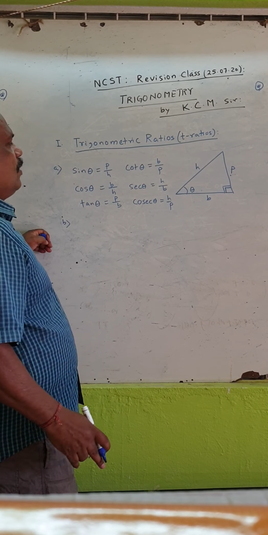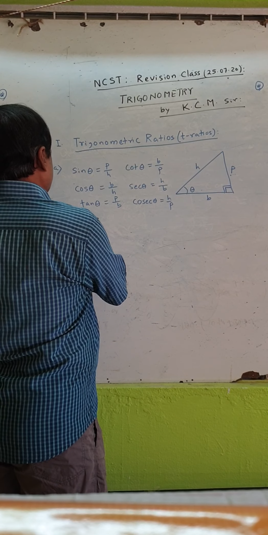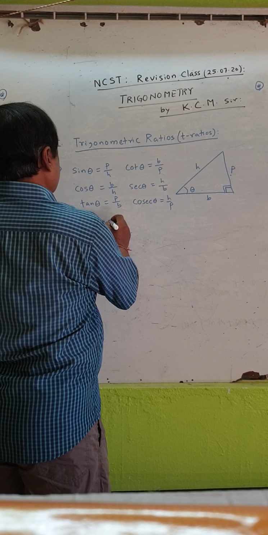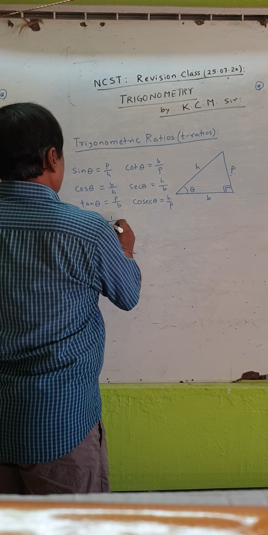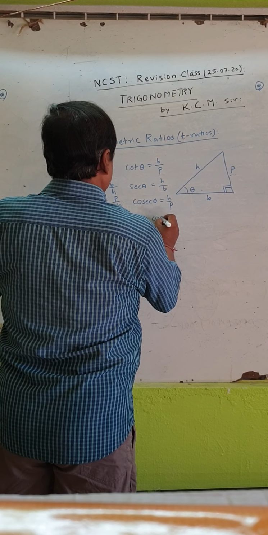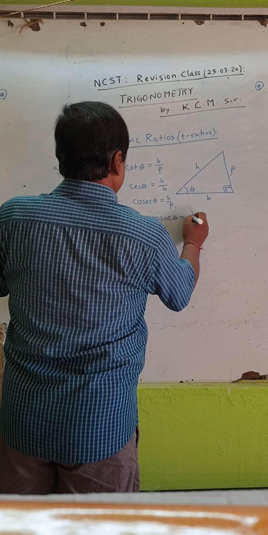From this definition, we find the reciprocal relation. Sin theta is P by H, cosec theta is H by P. So sin theta is 1 by cosec theta. This implies cosec theta is 1 by sin theta.